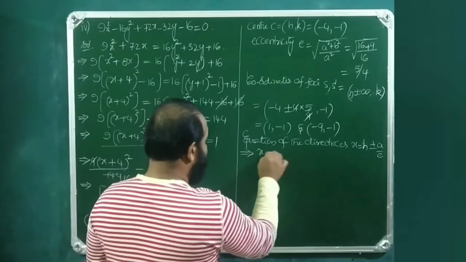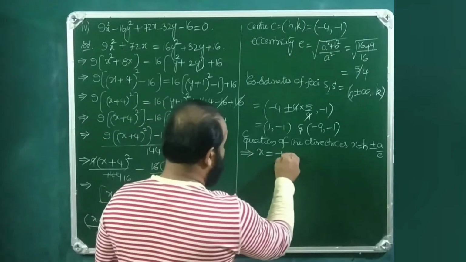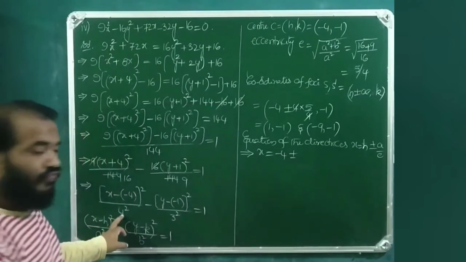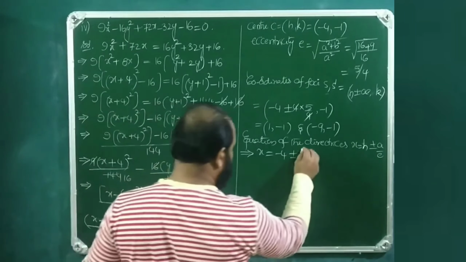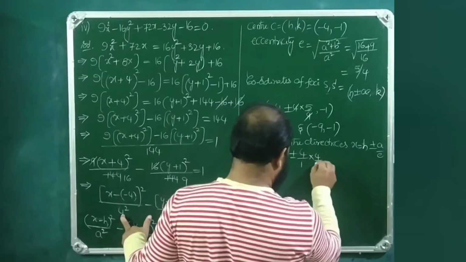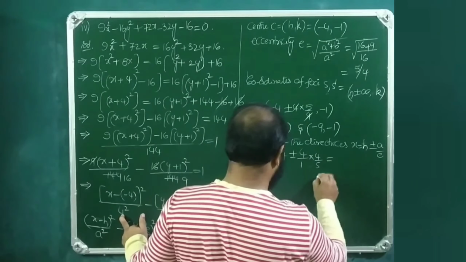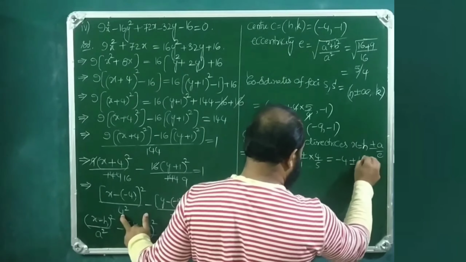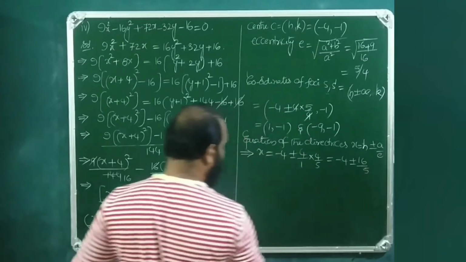So x is equal to h value minus 4 plus or minus a, where a square is 4 square so a is 4 by 1, and e is reversed, 4 by 5. So this is equal to minus 4 plus or minus 4 4s are 16 by 5.